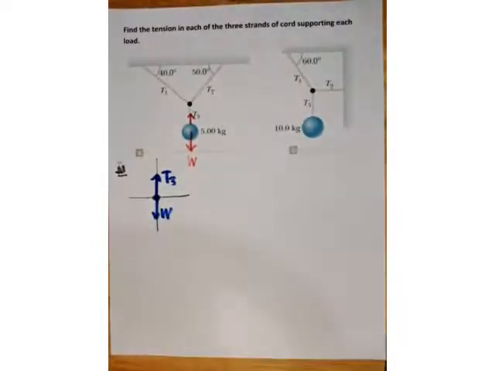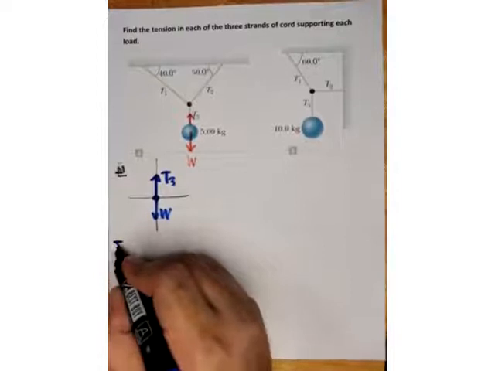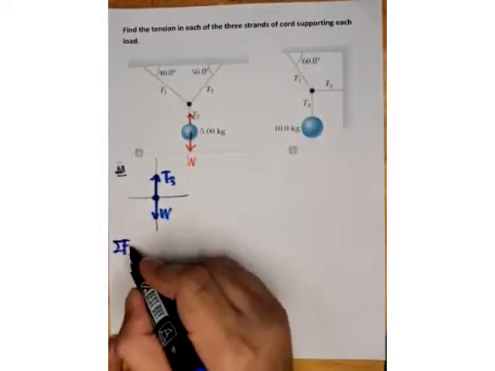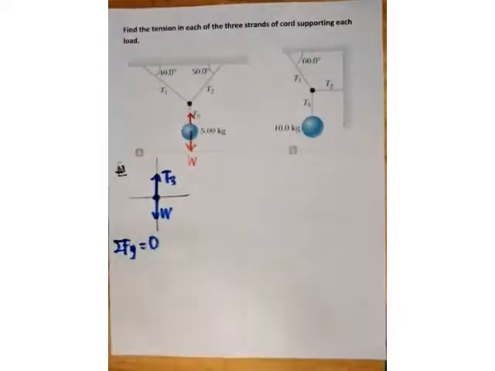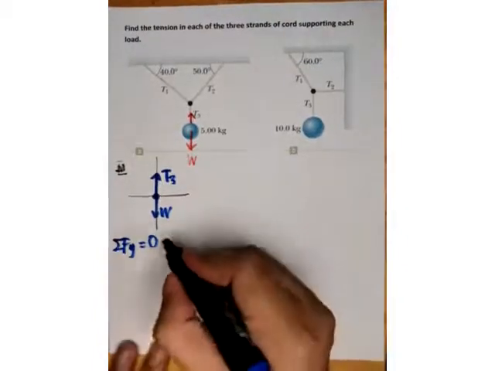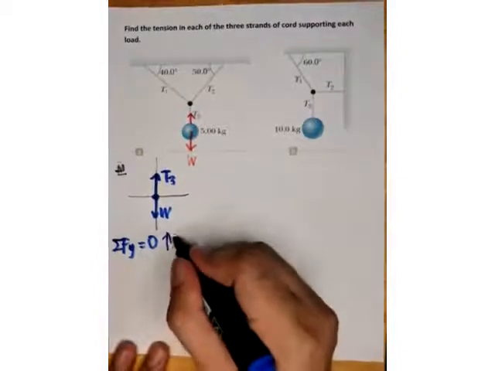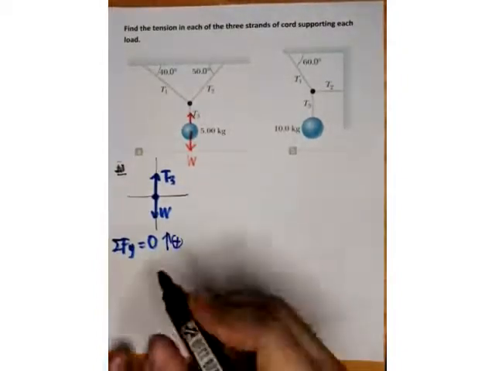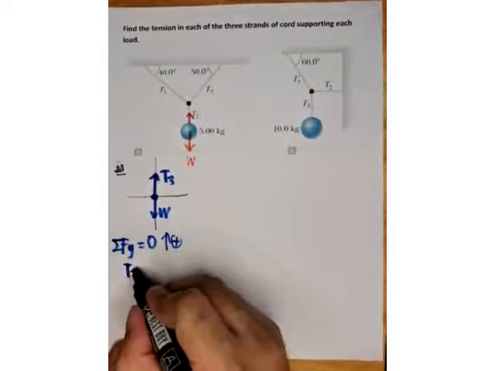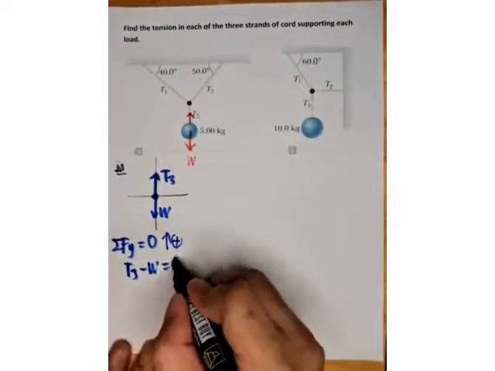Since wala namang ibang forces acting on any other direction except for the vertical, doon na lang tayo magsisimula. The summation of forces along Y is equal to 0, kasi nothing is moving. Lahat ng pataas ay positive. So tension 3 minus weight is equal to 0.